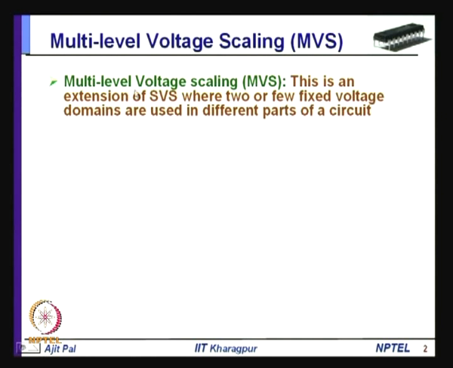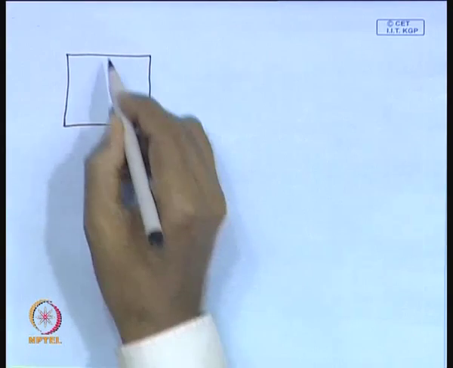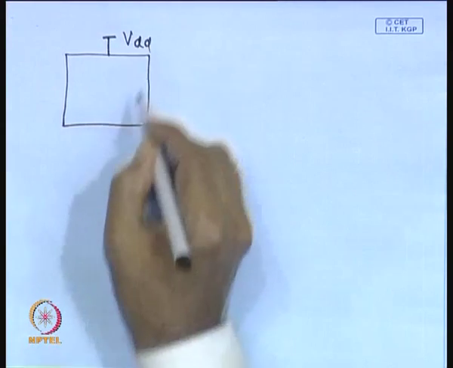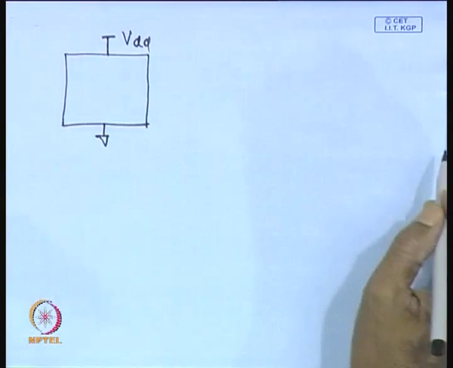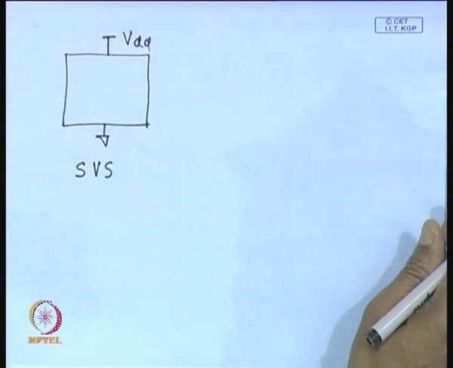As I mentioned, multi-level voltage scaling is an extension of static voltage scaling, where two or a few fixed voltage domains are used in different parts of a circuit. That means, earlier, if you had a circuit, the entire circuit had a particular voltage VDD and that was being scaled; that is static voltage scaling using a single voltage.